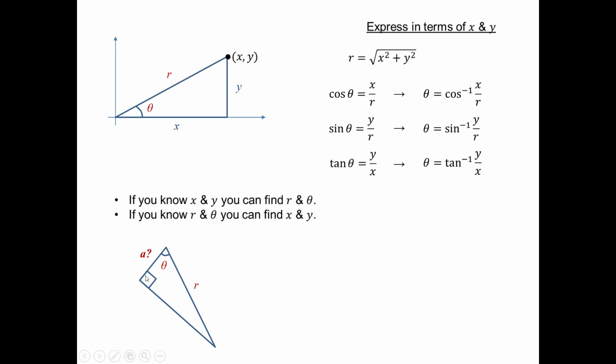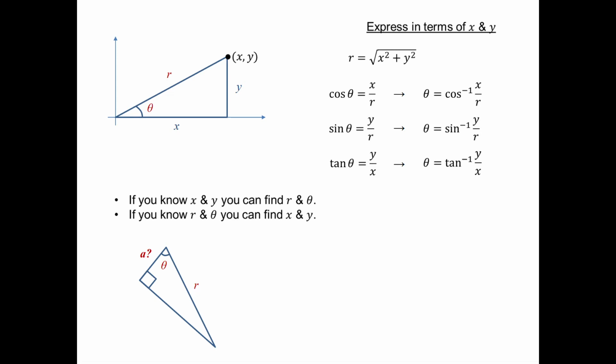Most people's first reaction is to go to the SOH-CAH-TOA relationships, and that's one way to do it. I could say cosine of theta is adjacent over hypotenuse, so cosine of theta is A over r, and then I want to solve for A, so that means A is equal to r times the cosine of theta.